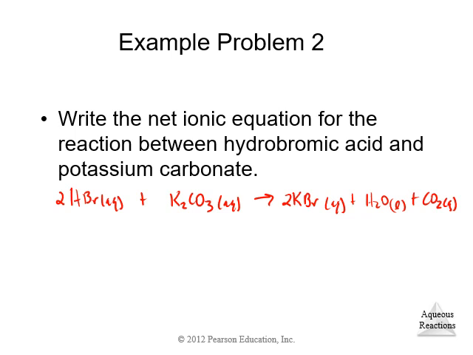When I look at my first step, again, this is a strong acid, so it's going to be a strong electrolyte, and this is a completely soluble ionic compound, so both of them will dissociate.